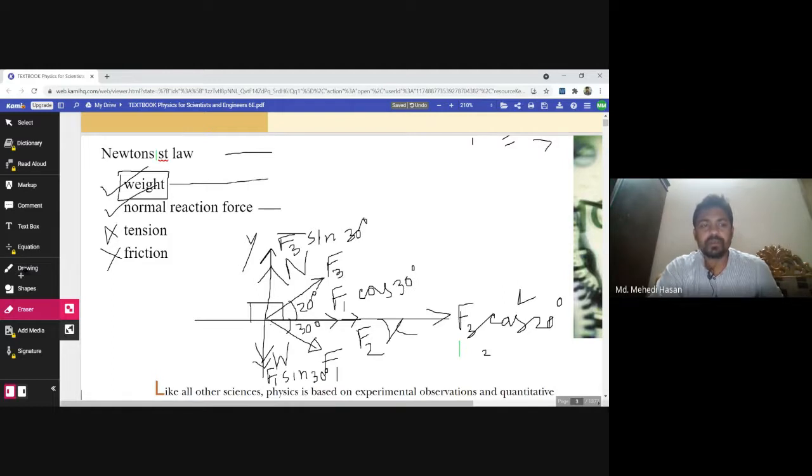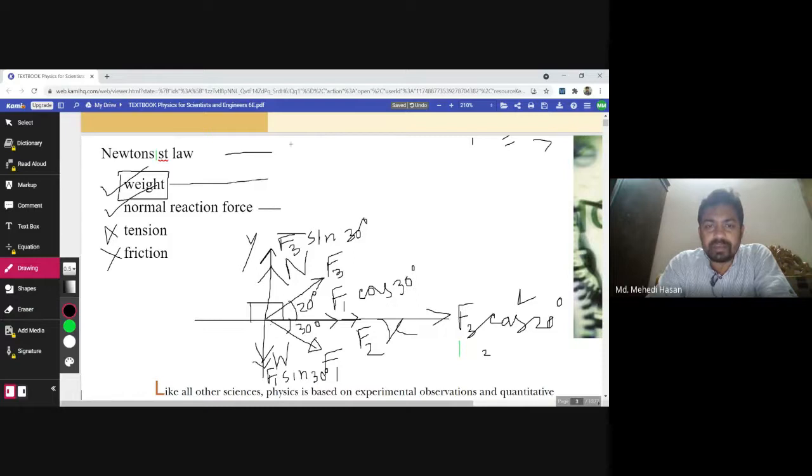Okay, so in that case, if you consider the Fx, that means F net x, the net force.